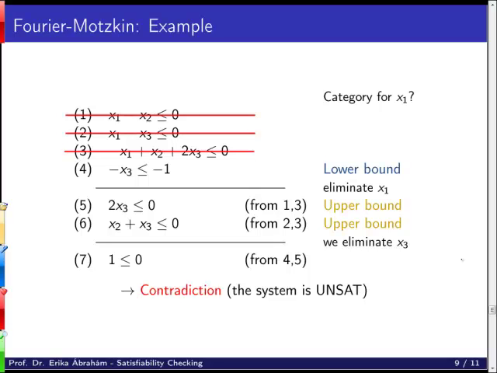I just get the conjunction of such constraints. And if there is one constraint which is false, then my formula is false, because then there exists one interval which cannot be satisfied. And if I get only true equations, then it is true. So after eliminating all the variables, I get the answer to the satisfiability problem.